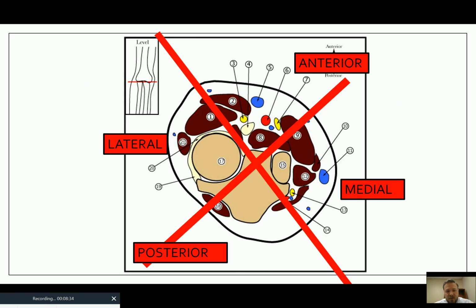So here we have the different quadrants of the elbow, and for me this is a great visual. The cross pattern I've put on this slide is not perfect, but it gives you an idea of the general structures in each of the different quadrants. You can see that your posterior quadrant really doesn't have many anatomical structures. You have your olecranon, maybe the distal humerus and the triceps, but not a lot of structures. So when it comes to differentially diagnosing, there are only several things that can cause pain or impairment in this area.